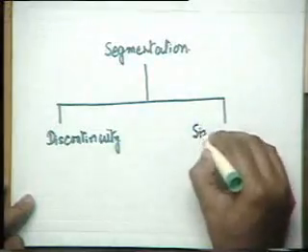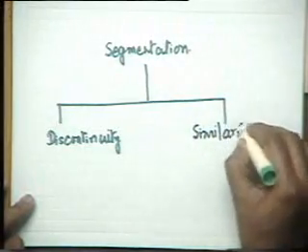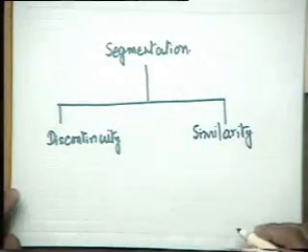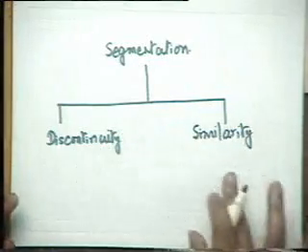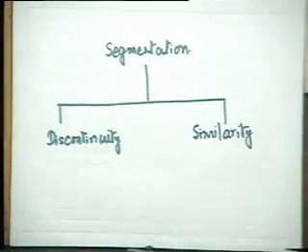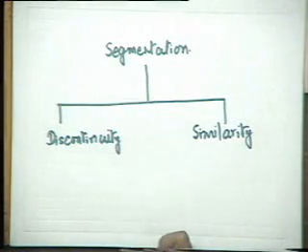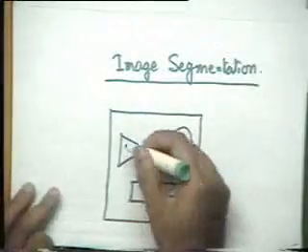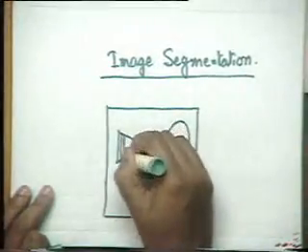The second approach which is followed is segmentation based on similarity of pixels. This approach is entirely different from the discontinuity based approach, because discontinuity means we are clearly seeing the dissimilarities between the pixels, where a clear discontinuity is happening, whereas in similarity, if somebody gives us an image like this, maybe this object has some intensity level.